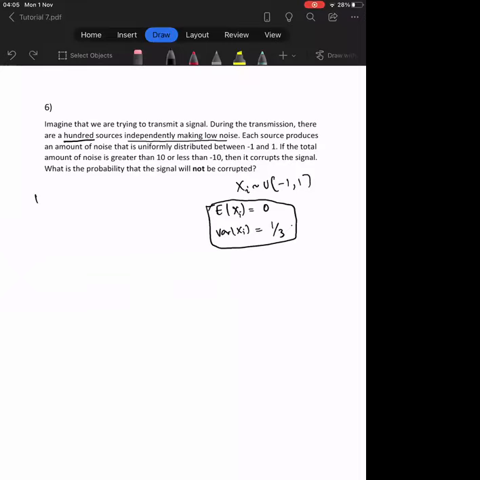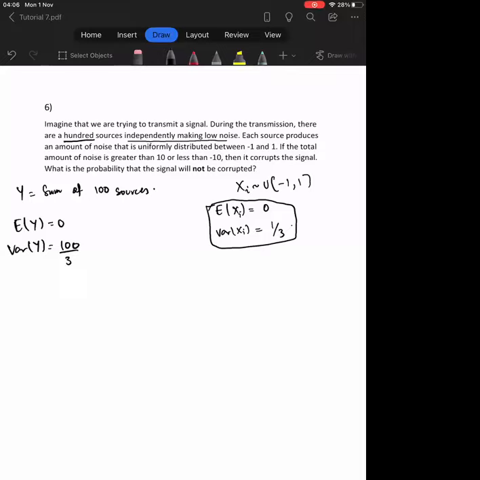E of y equals 0. Variance of y equals, sorry, my call disconnected. So variance of y is going to be 100 over 3. So yeah, this means standard deviation of y is just going to be 100 over 3 under root.